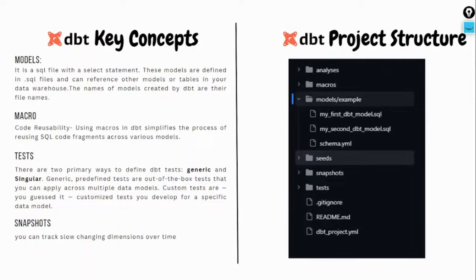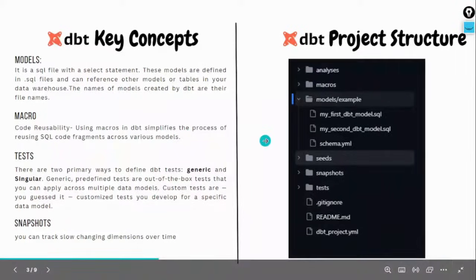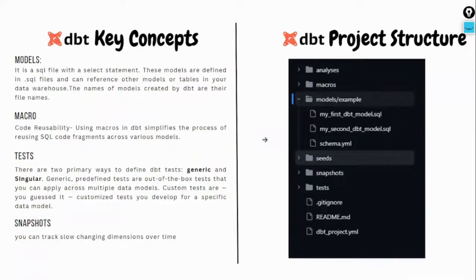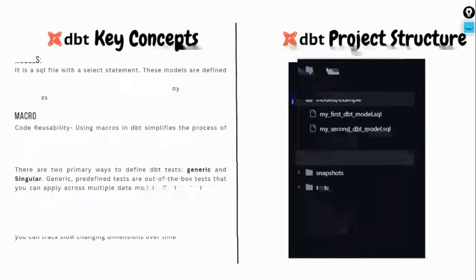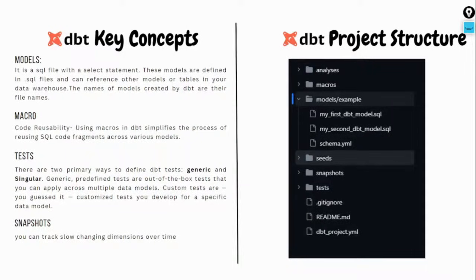And on the left side, we can look at the dbt project structure. When we initiate a dbt project, the project structure will look like what we can see on the screen. A dbt project generally consists of various files and folders, and a few of the folders are very obvious from the core concepts, like models, snapshots, tests, and macros.